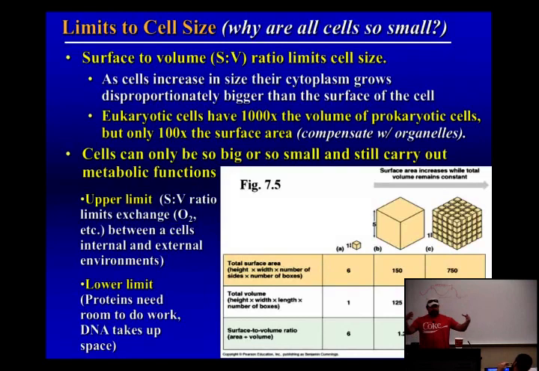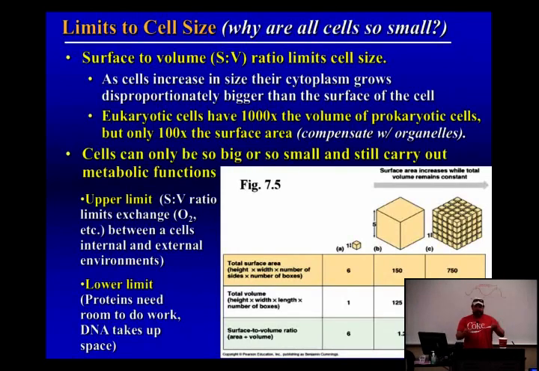So it can't be so big because the inside part of it wouldn't get the nutrients it needed, and it would eventually die. That's why you don't see giant cells. That's why you only generally see cells that are smaller than you can see with a microscope. And then there's a limit to how small a cell can be too. Why is that?